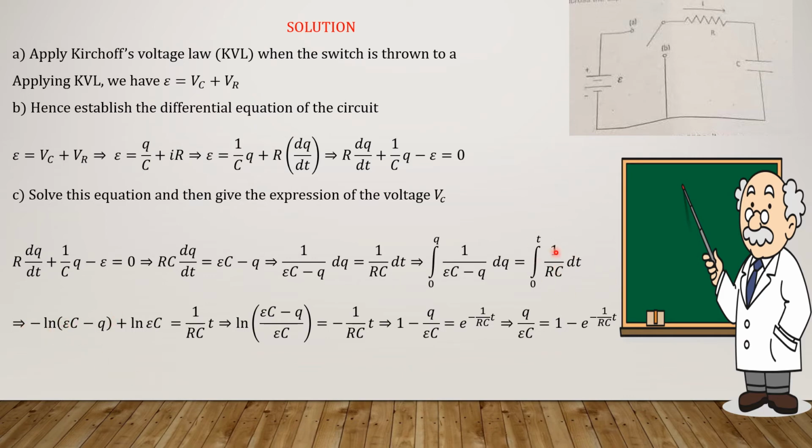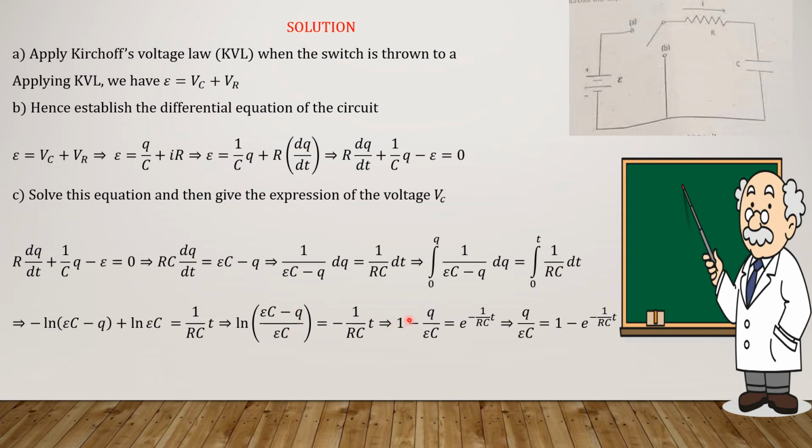And since there is a negative, we now have positive here and negative out here. Integrating this, we have 1 over RC times t from 0 to t, which just gives t over RC. Now, multiplying everything by a negative sign, we are now going to get ln(EC minus Q) minus ln(EC), which is ln of (EC minus Q) divided by EC, and that should be equal to negative this term here. We can separate this bracket to be EC divided by EC minus Q divided by EC, which is 1 minus Q divided by EC.